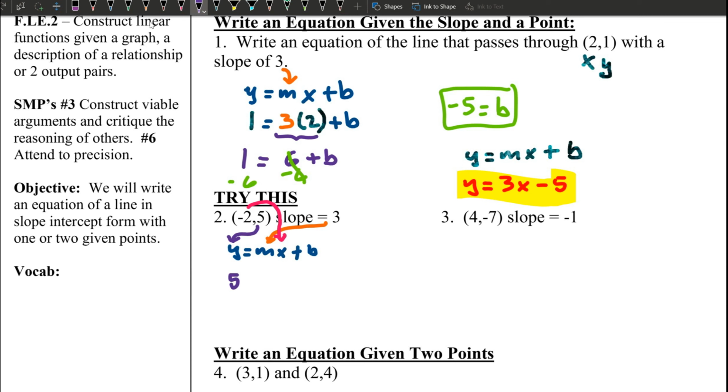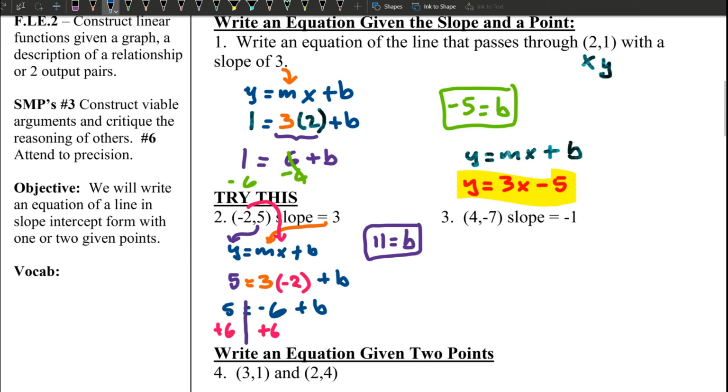So 5 equals 3 times x, which is negative 2, plus b. So we try to solve for b. So 5 equals negative 6 plus b, similar to what we did earlier. Add 6 to both sides. So your b will be 5 plus 6, which is 11, equals b.